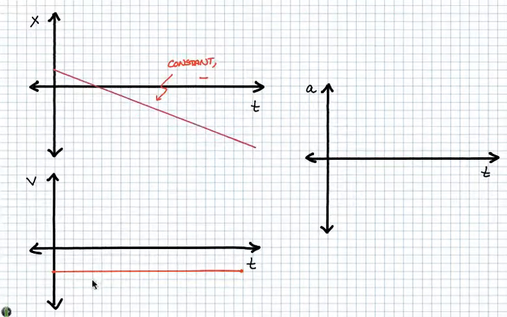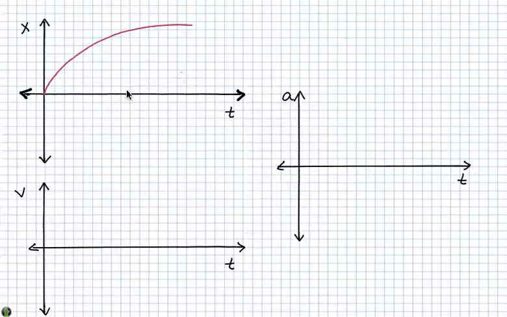The slope of this line, hopefully you see, is 0, and therefore our acceleration is non-existent. We have no acceleration because we have constant, unchanging velocity. So constant negative slope means constant negative velocity. No slope on a velocity time graph means no acceleration.